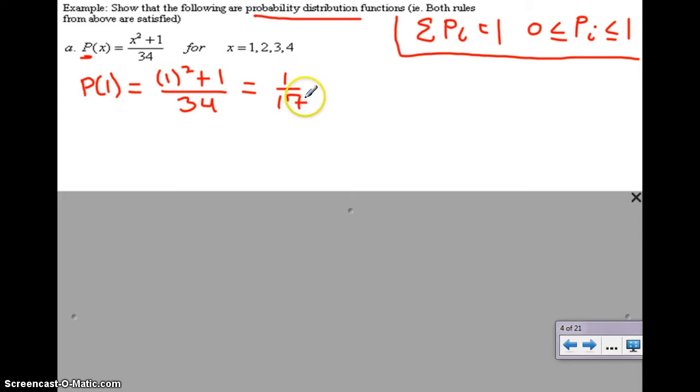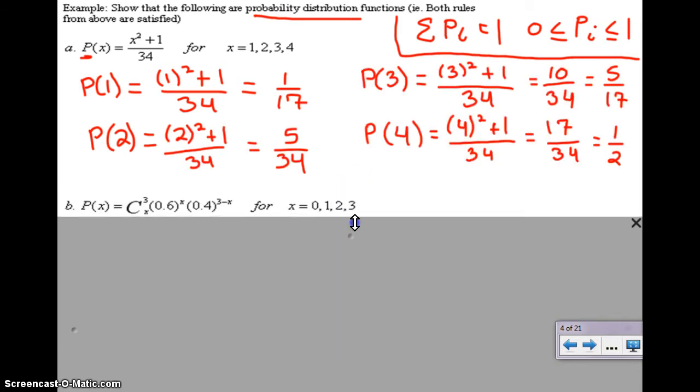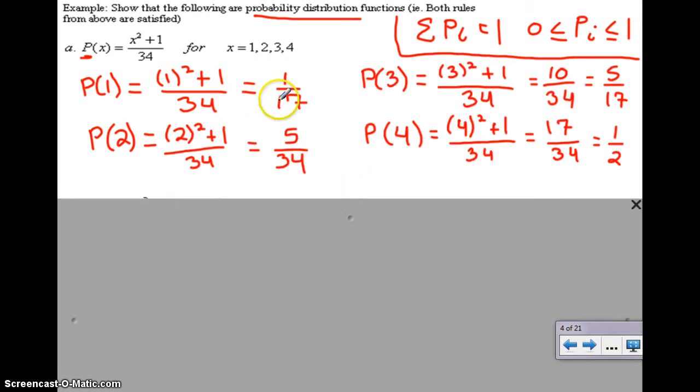Go ahead and pause the video here and try to find the probability for 2, 3, and 4, and see if they actually all add up to make 1. And if they all individually are between 0 and 1, then you would prove that this is an actual probability distribution. So for this one, you've got 1 over 17, 5 over 34, 5 over 17, and 1 over 2 is really what they reduce down to. And they do all add up to make 1.